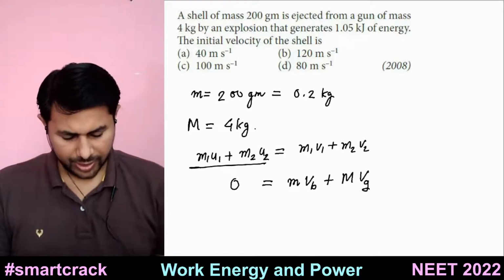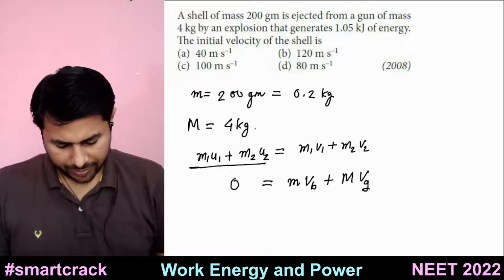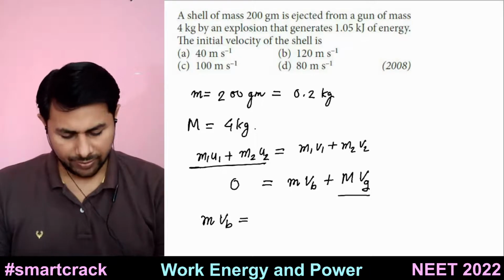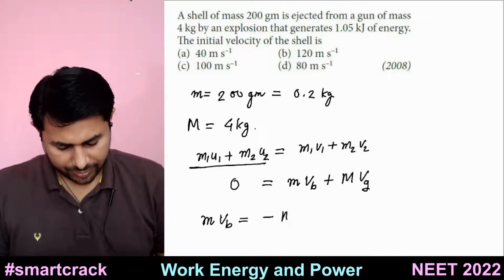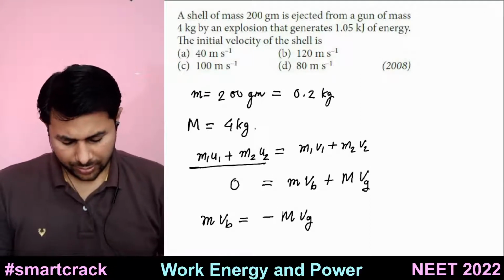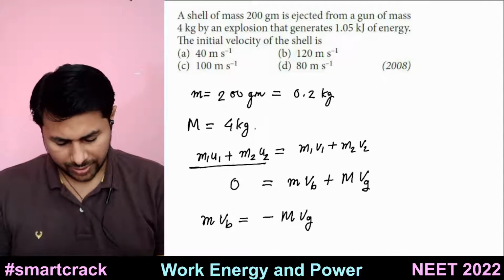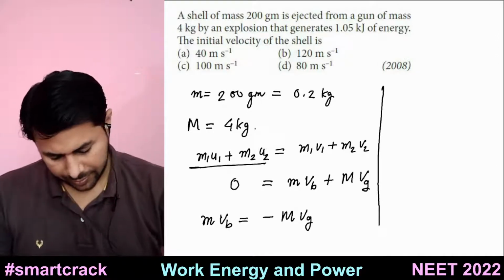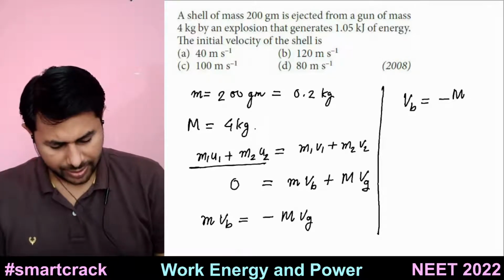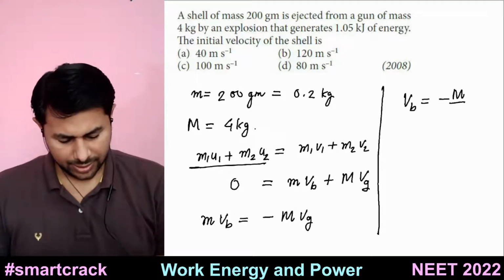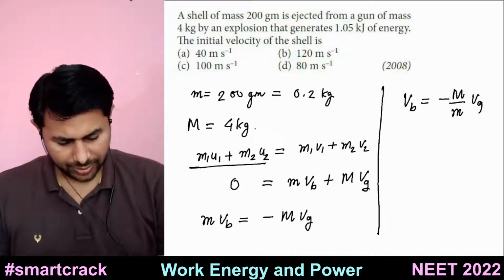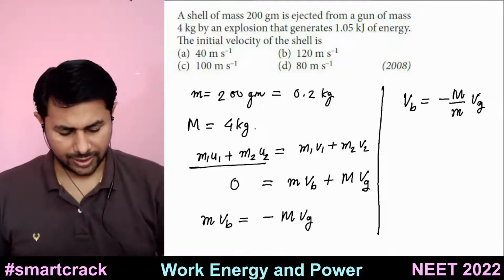From here I can find that mass of bullet times velocity of bullet is equal to, if I take this on the other side, it becomes negative: minus mass of the gun times velocity of the gun. Now divide by small m, so velocity of bullet is equal to minus mass of the gun divided by mass of bullet, times velocity of the gun. Okay, this you can write.